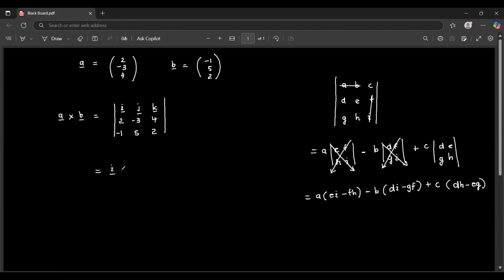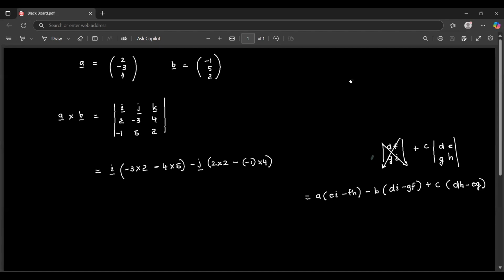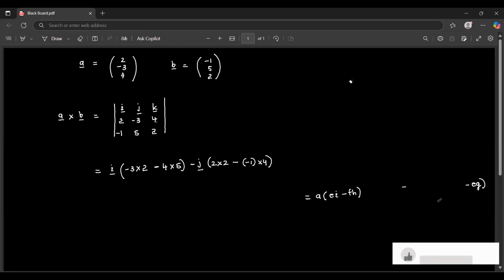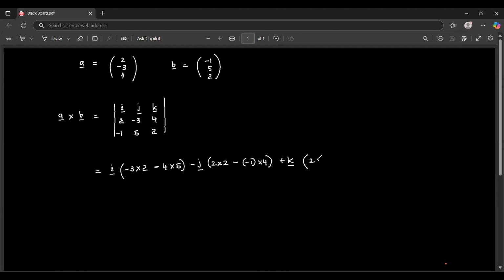So you will have i into minus 3 into 2 minus 4 into 5, then minus j into 2 into 2 minus 4 into minus 1, minus 1 into 4. Since you have taken notes, we can go to the answers now. Now we have k into 2 into 5 minus minus 1 into minus 3.